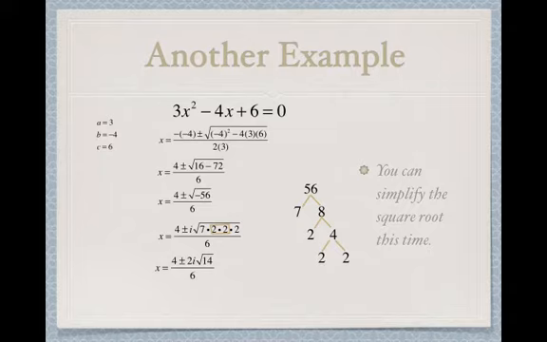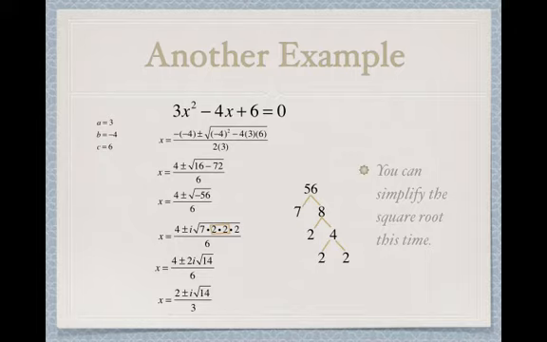Now, at this point, there's a little bit more that we can do to simplify. If you notice, we have 4 over 6, and then there's also that 2 over 6. We want to simplify those fractions as much as possible. 4 over 6 would become 2 over 3. 2 over 6 would become 1 over 3. So our problem would look like this.